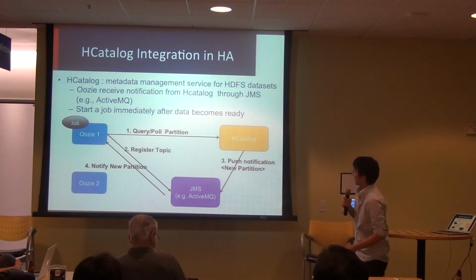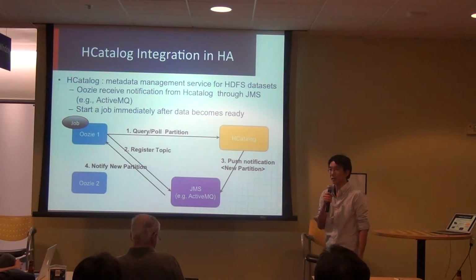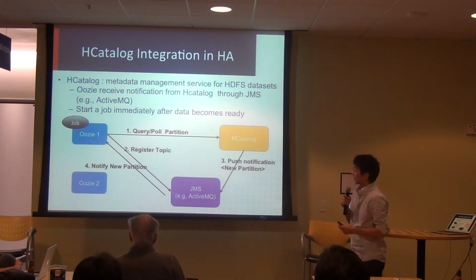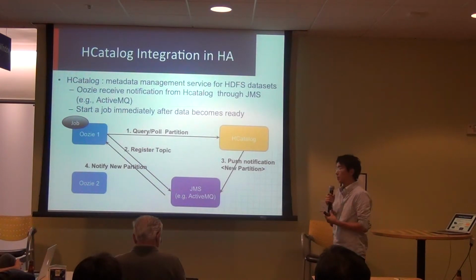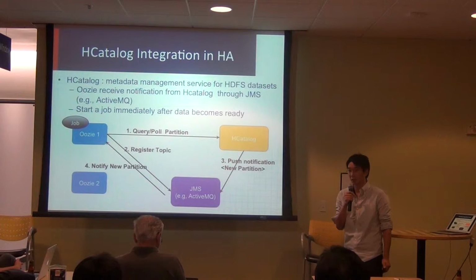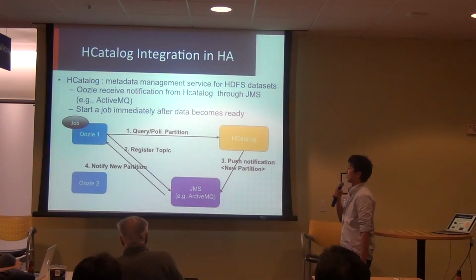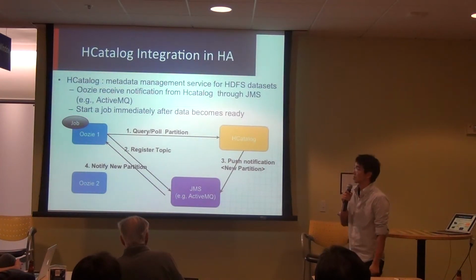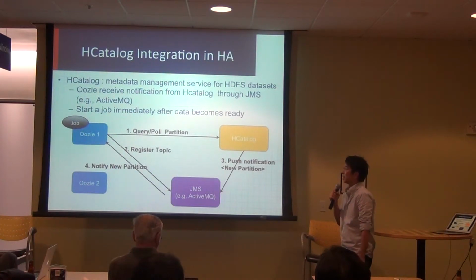And I'm going to talk about a couple of other technical challenges in the HA. One thing is H-catalog integration. Even before HA, Oozie was already integrated with H-catalog. In case you don't know about H-catalog, this is a hybrid metastore, a metadata management service for the HDFS data sets.